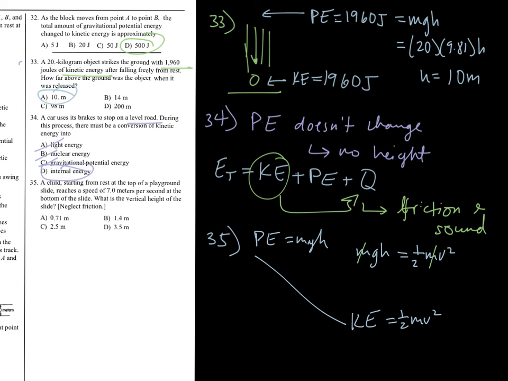So that's why they didn't give us the mass of the child, because you could set these two equal to each other and the masses will cancel out if you divide by mass on both sides. You could solve for h this way, and you should get that h equals 2.5 meters. So that's choice C. Okay, so that's the end of that video.